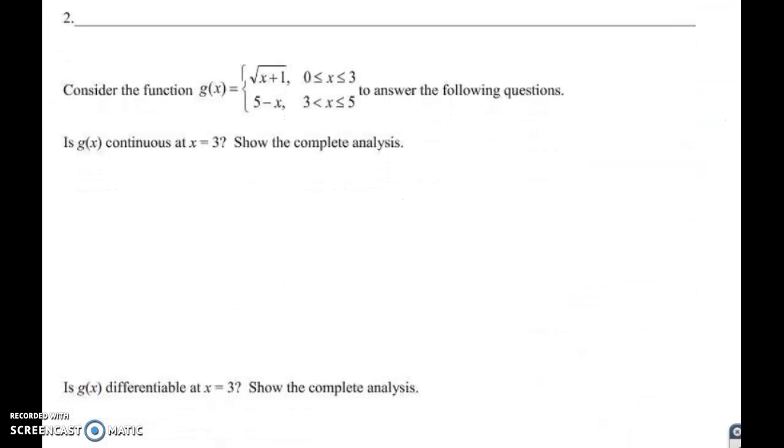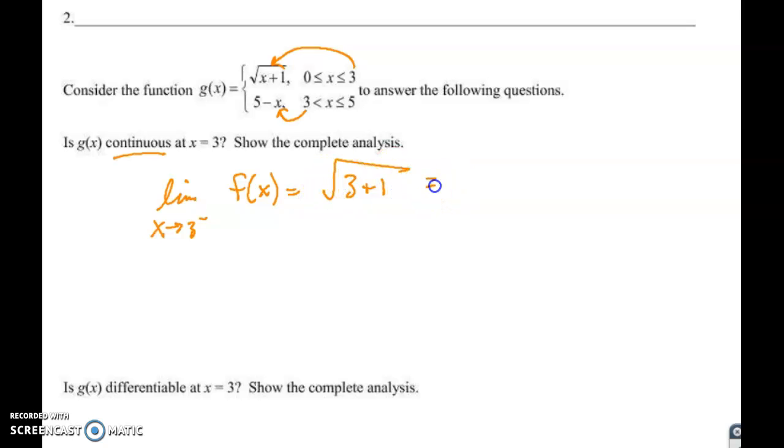So, first of all, is the function continuous at x equals 3? Well, we did that earlier. We plugged in both 3's into these. So you want to make sure that the limit as x approaches 3 on the left side of this function, and analytically, that's the square root of 3 plus 1, is equal to, well, the square root of 4 is 2. Double check that that's the limit as x approaches 3 on the right side.